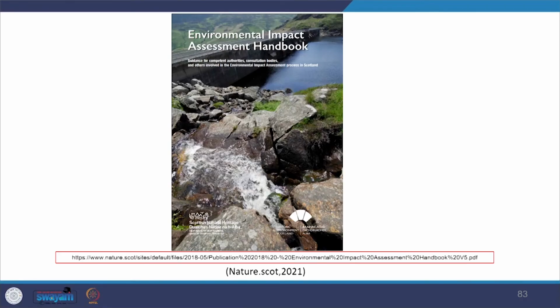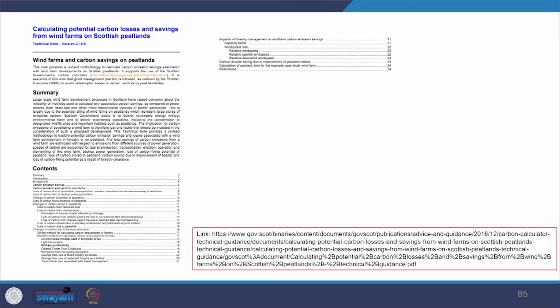And we see that they have provided a guidance on EIA which follows the National Planning Framework. We also find additional guidance for calculating potential carbon savings and losses arising from wind farm developments on peatlands in the form of technical notes by the Scottish government.